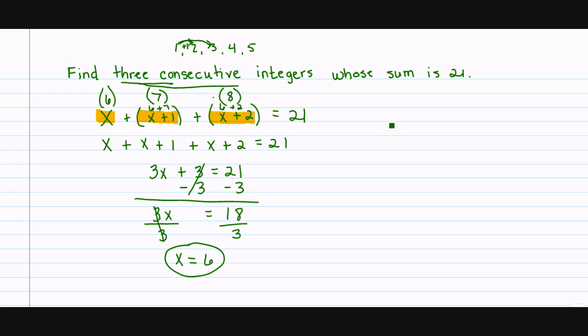If I were to add them together, 6 plus 7 plus 8, I would get 21. Or 15 plus 6 equals 21. There you go.